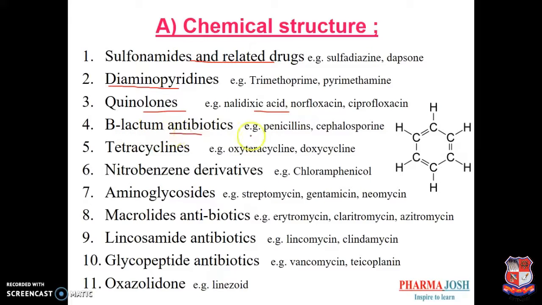Beta-lactam antibiotics: penicillins and cephalosporins are the main drugs from this class. Tetracyclines: oxytetracycline and doxycycline. Nitrobenzene derivative: chloramphenicol. Aminoglycoside derivatives: streptomycin, gentamicin and neomycin. Macrolide antibiotics: erythromycin, clarithromycin and azithromycin.